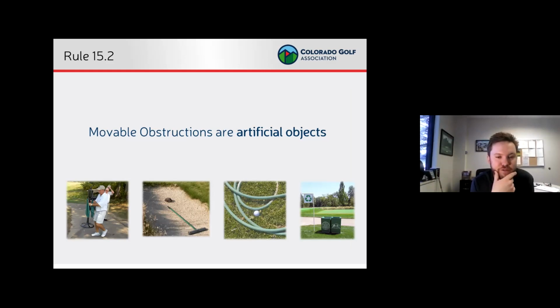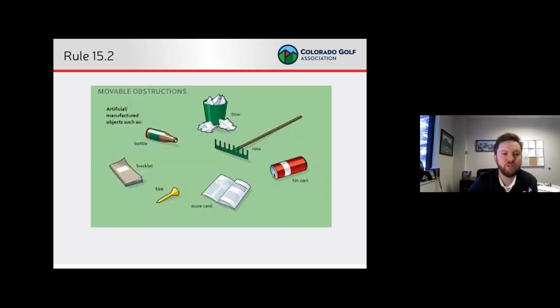The sprinkler head is maybe for irrigation. The hose is to water the golf course. And trash cans and signs are to make sure you take care of the golf course. So those are all movable, because you can pick those up and move them. These are examples of movable obstructions most commonly: litter, a tee, a book, scorecard, trash, certainly. Those are artificial objects. Again, key is artificial.